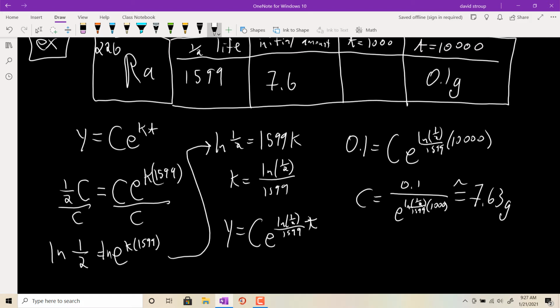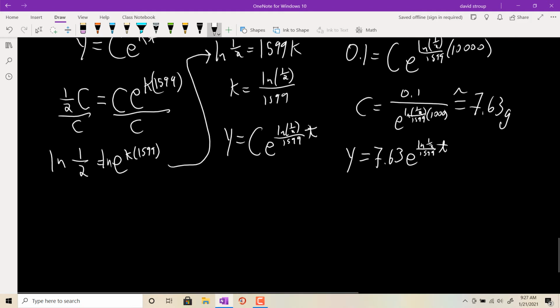So 7.63 grams. Then you have your model with all the unknowns filled in. So at this point, you can just substitute in the 1,000 for T and figure out what you need to figure out. Okay, so your model looks like this now. And for the last part, you want to know how much is left after 1,000 years.